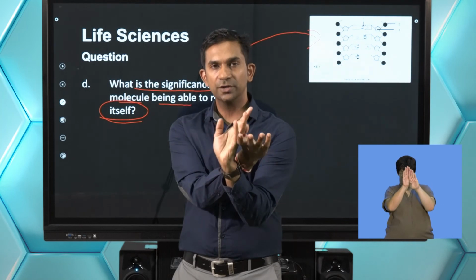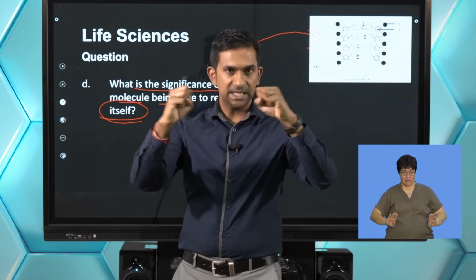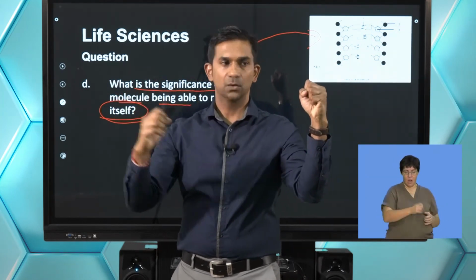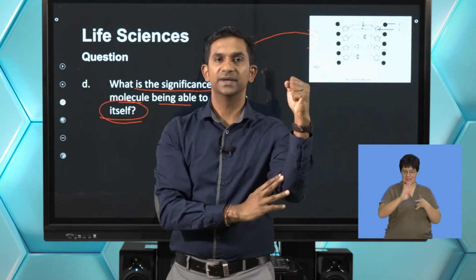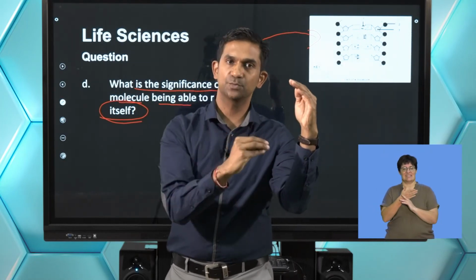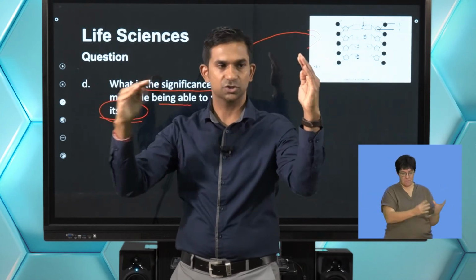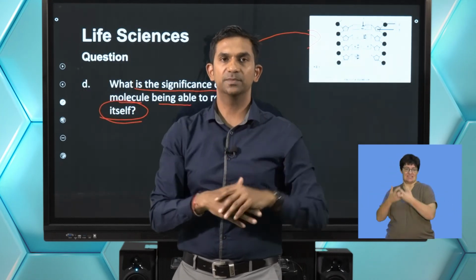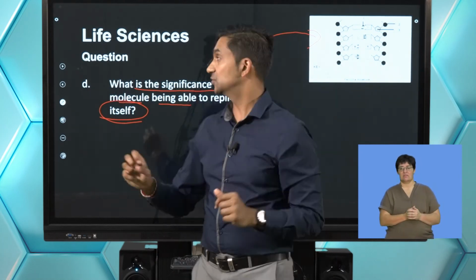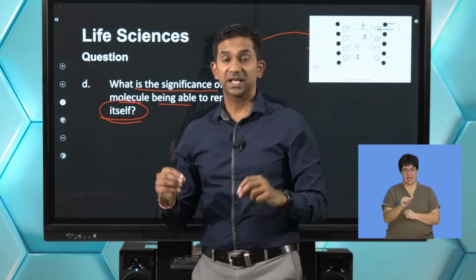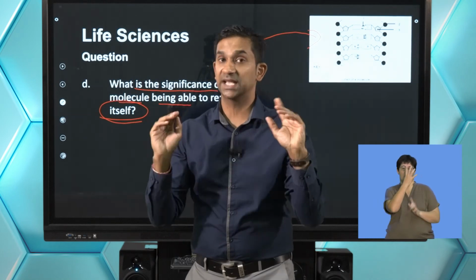Based on the unwinding and the separation into the templates, these templates now form an easy access point for the free floating DNA building blocks to base pair with their complementary nature. And so this talks to the structure of DNA allowing for the ease at which it can copy.